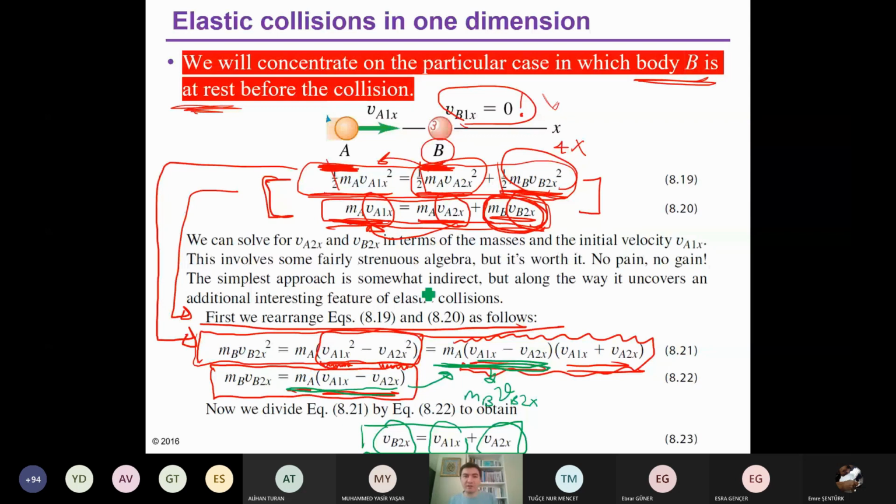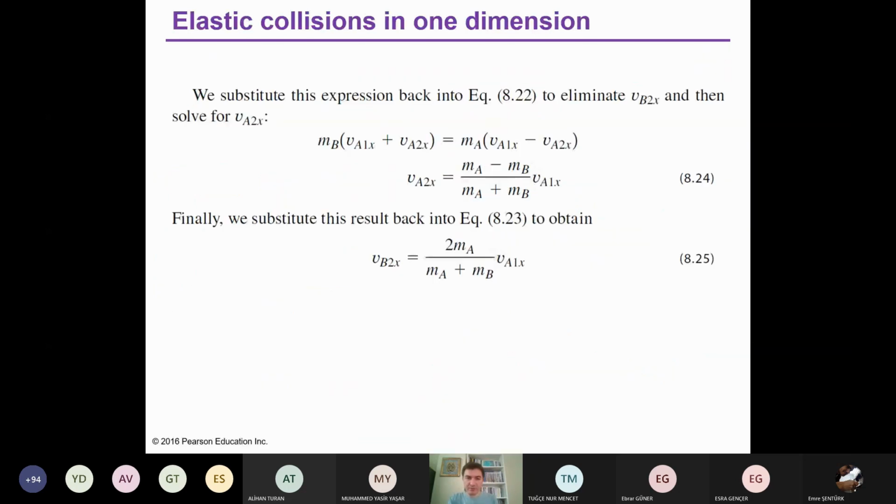What was the initial velocity of the B ball? B ball was at rest at the beginning, and some part of the kinetic energy is transferred to the B ball. Now finally we have the velocity of the B ball, and B ball has certain kinetic energy and momentum after the collision. So let me continue. Look at this expression.